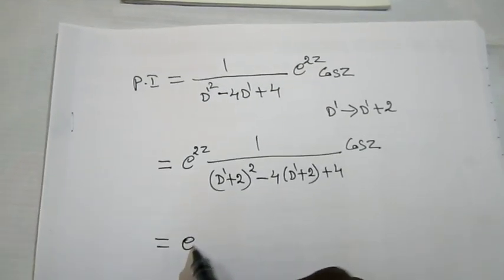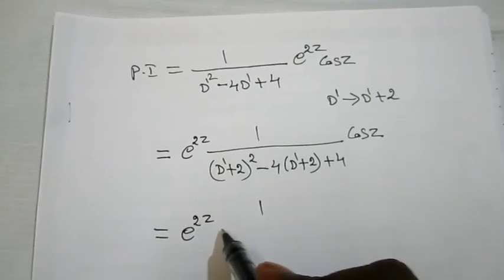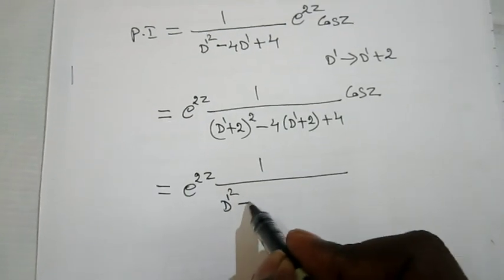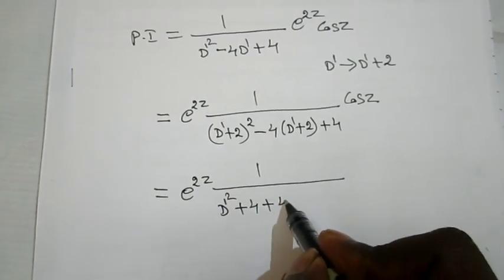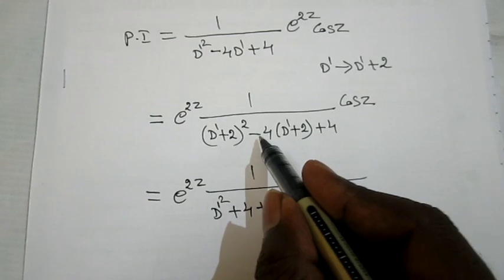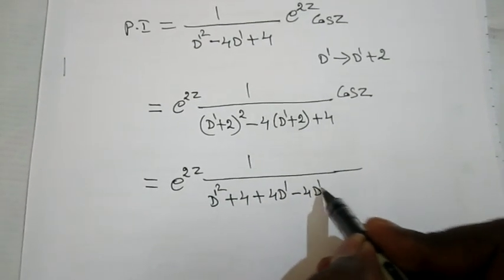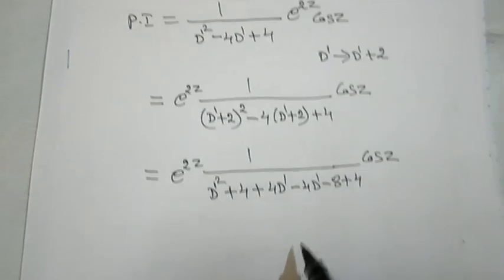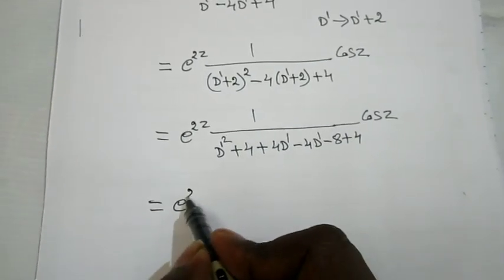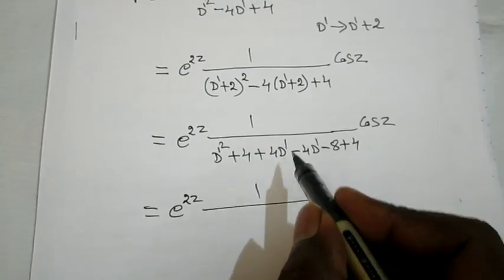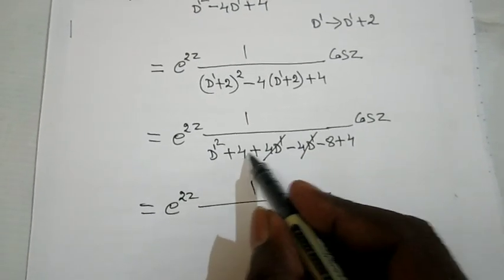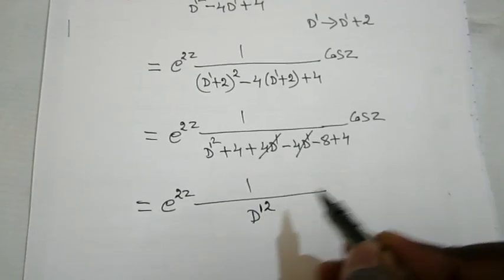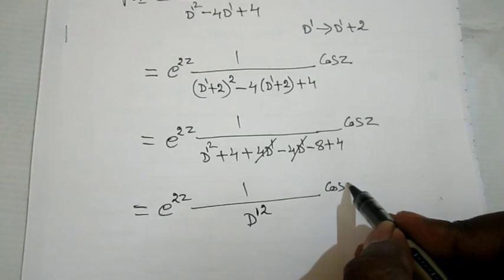Now apply the (a + b)² formula, a² + b² + 2ab, and multiply −4 inside: D'² + 4D' + 4 − 4D' − 8 + 4. Now I simplify: 4D' and −4D' cancel, and +8 and −8 cancel, so only the D'² term remains in the denominator, into cos z.